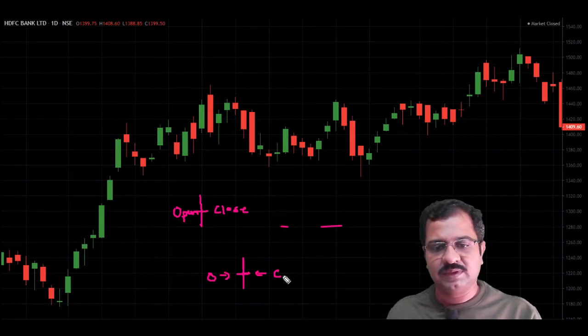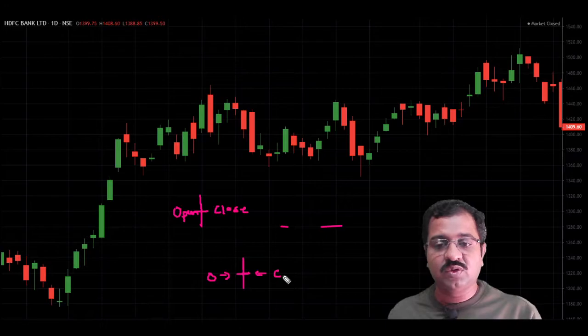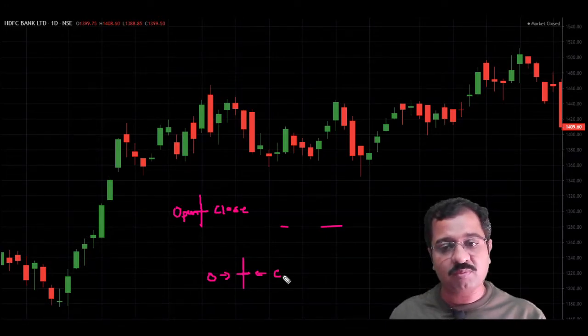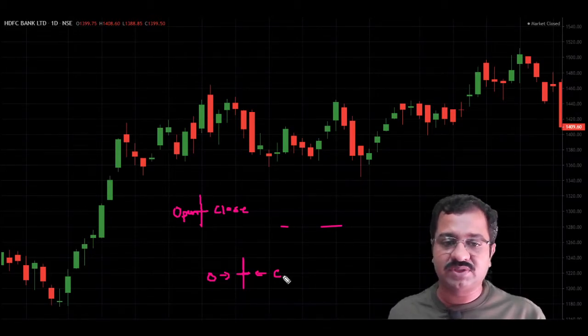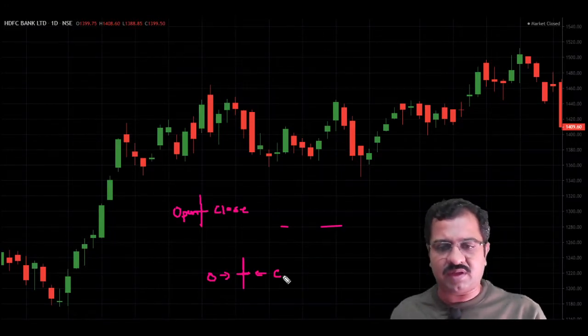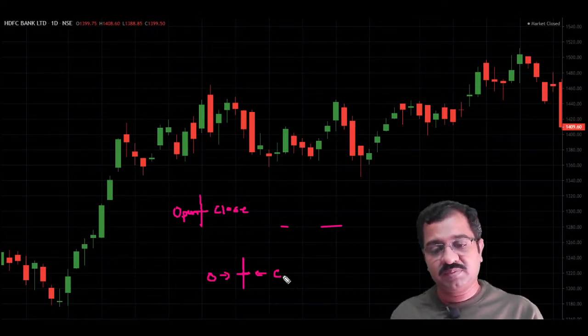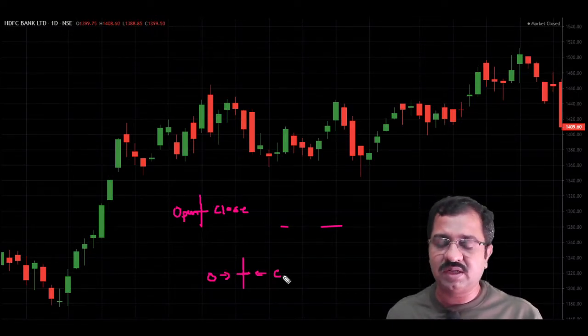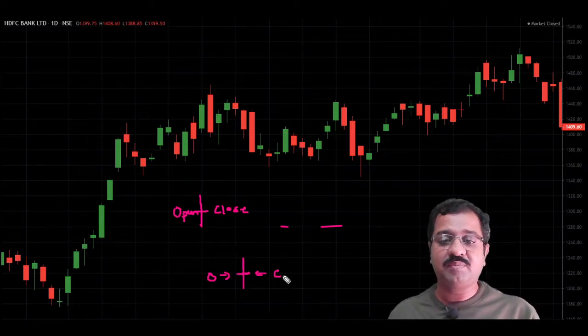Now, if doji candles form at top or bottom, you can be cautious that now there can be reversal. If this happens in between, then they don't have that significance. But if these doji candles are formed at top of the swing or at bottom, then they indicate probable reversal.